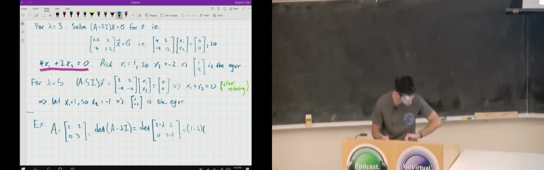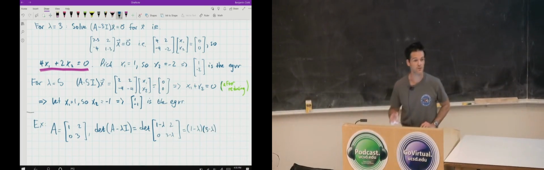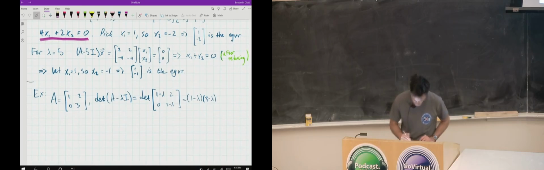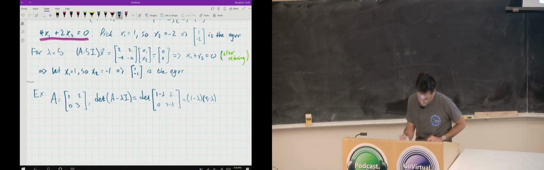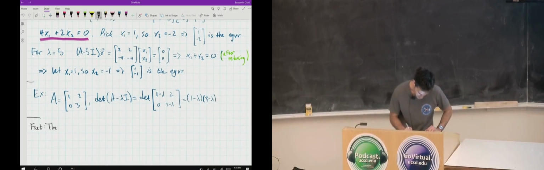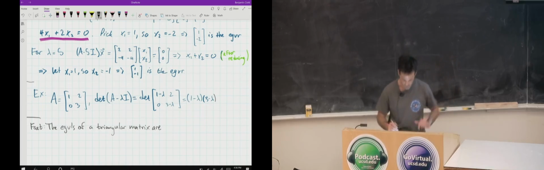So that makes it particularly easy to calculate eigenvalues when the matrix is triangular. So anyway, I just wanted to use this to illustrate the following fact: the eigenvalues of a triangular matrix are simply whatever the diagonal entries are.